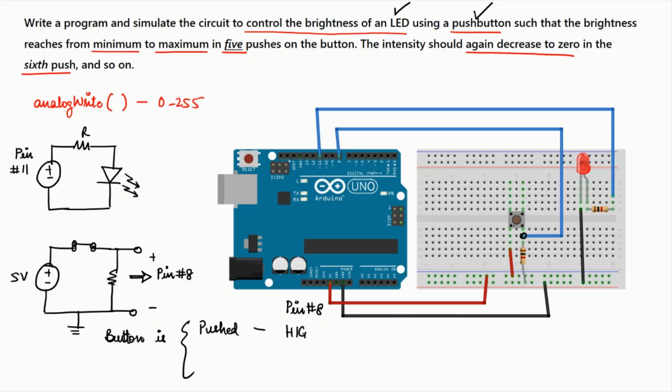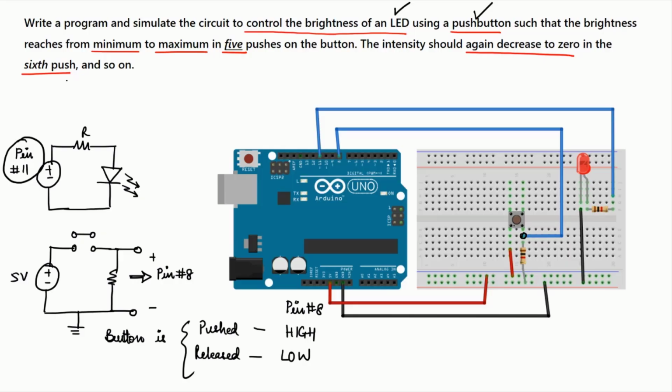pin number 8 gets a high, and whenever the button is not pushed, means it's released, the circuit is not complete and you get a low value at pin number 8. Okay. So what we understand from here is that whatever is happening at pin number 8, the input, has to be used to program and determine the value that should be written to pin number 11, right?